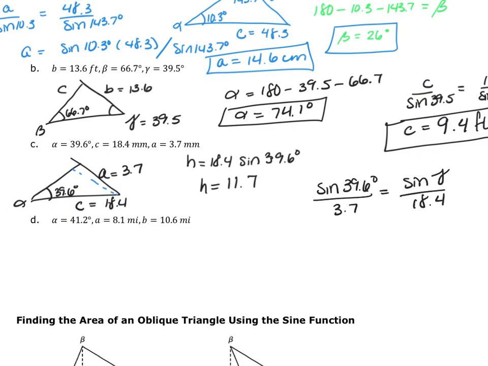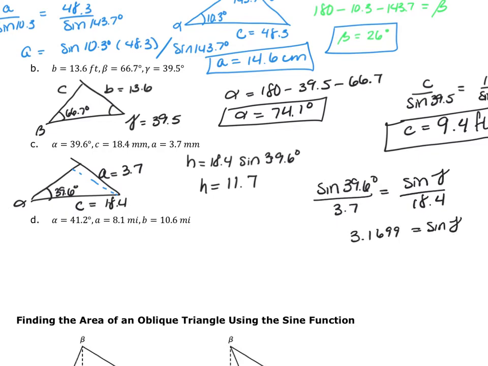So what I'd have to do is put my sine of 39.6 times 18.4 divided by 3.7, and I get 3.1, and I'll go to a couple of decimal places, 3.1699 is equal to the sine of gamma.